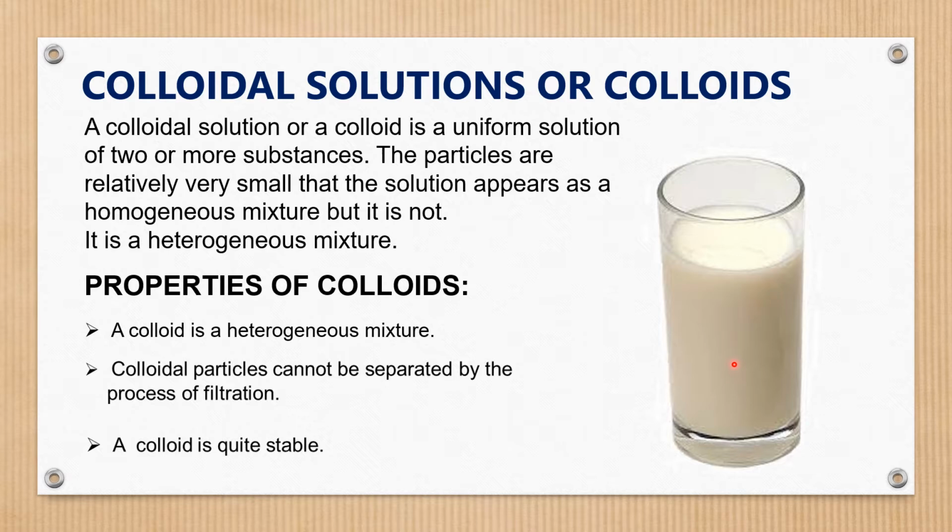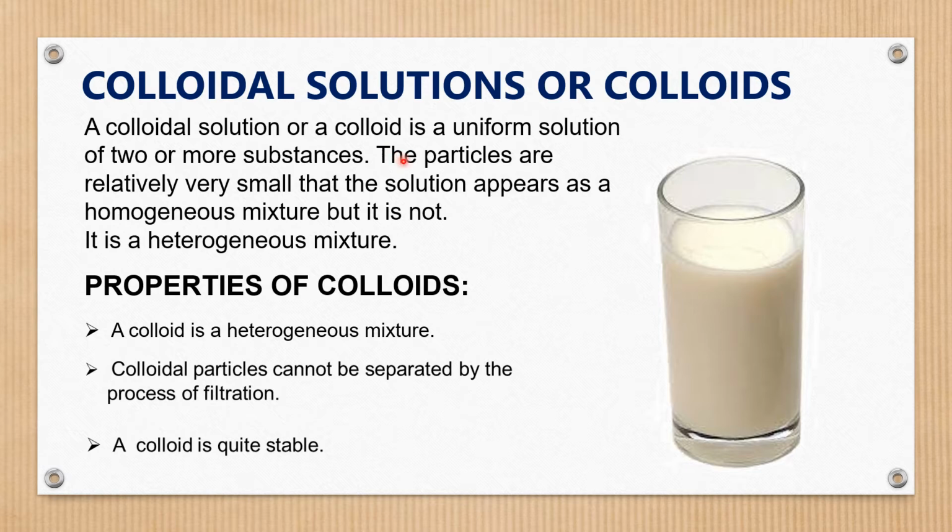No. You can see the color. Milk has a white color and ink also has its color, but you cannot see the particles. So such a solution or mixture is called a colloidal solution or colloid.